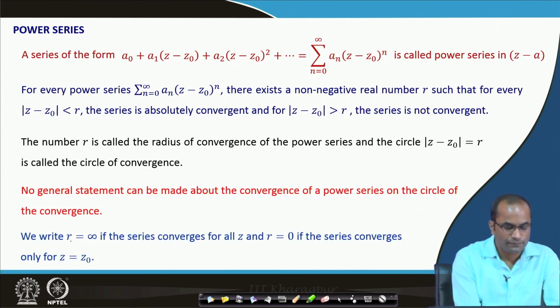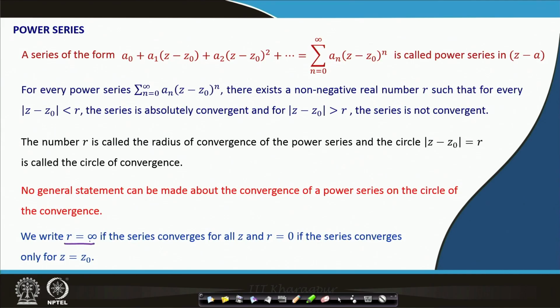Okay, we also write that r is infinity. So, the radius of convergence is infinity if the series converges for all z, and we say that r is 0, so the radius of convergence is 0, if the series converges only for z equal to z0. Because at z equal to z0 all these terms become 0, and definitely that series will converge, as it will have only the constant term.